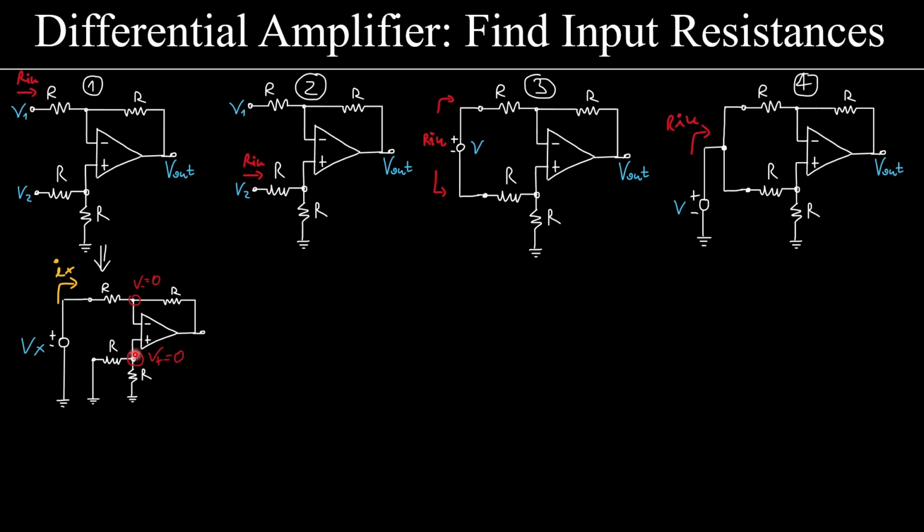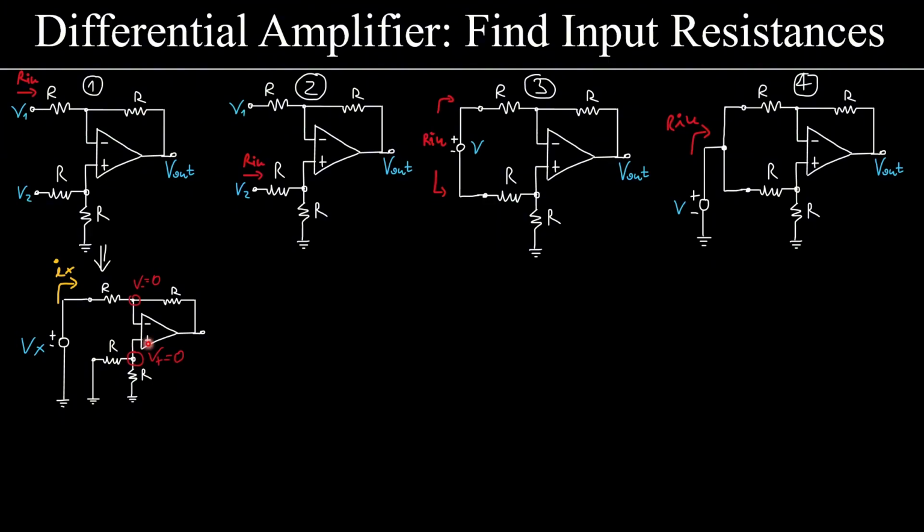But we cannot have at the same time a current flowing like this and like this, because there is no source for this current. So from the non-inverting input, there cannot be a current flowing like this and then splitting into something else, because it's an ideal op-amp.